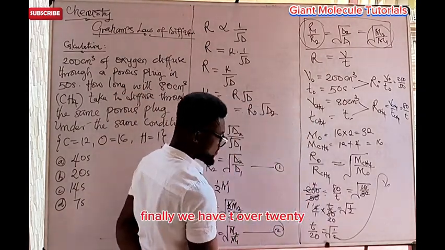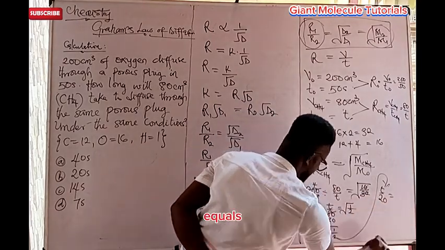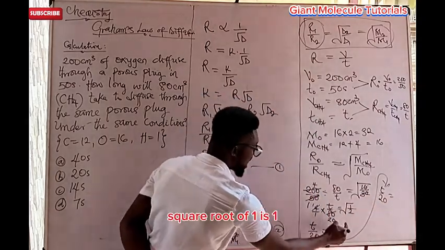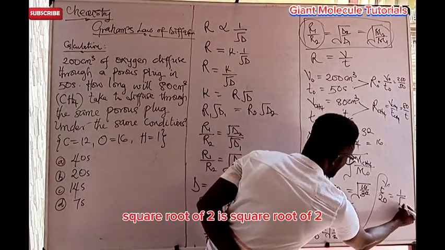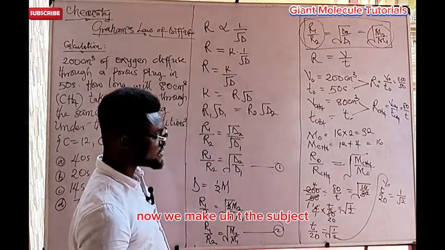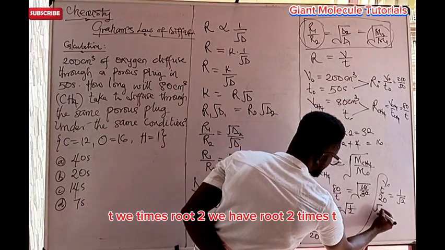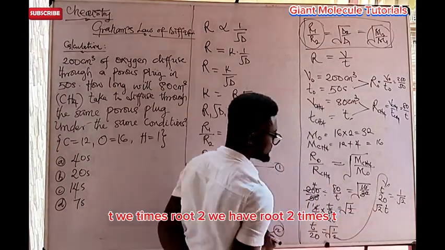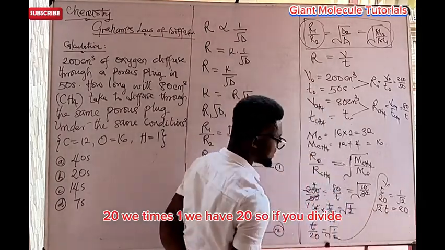Finally, we have T over 20 equals the square root of 1, which is 1, over the square root of 2. Now we make T the subject. T times root 2, we have root 2 times T. 20 times 1, we have 20.